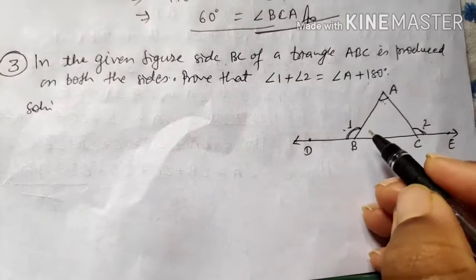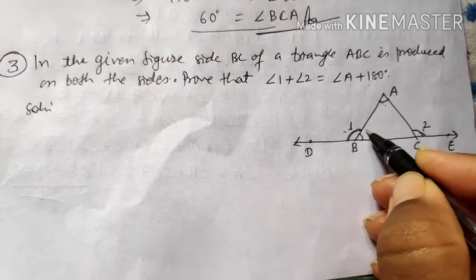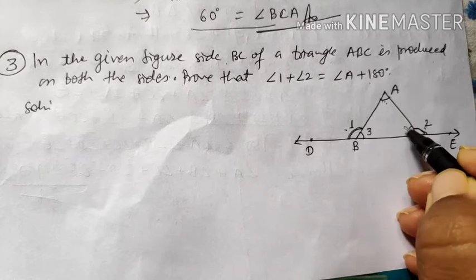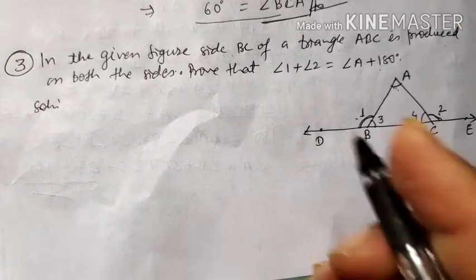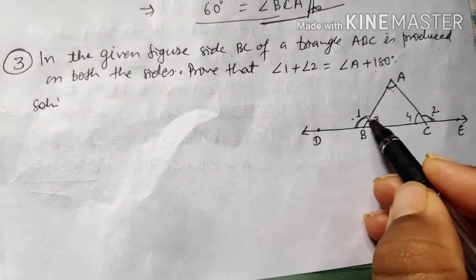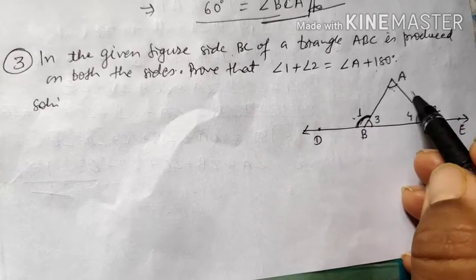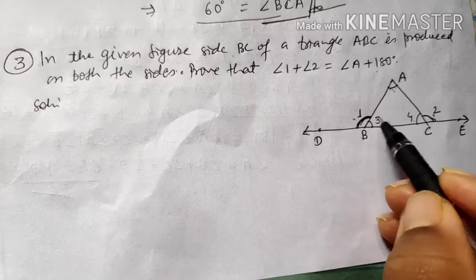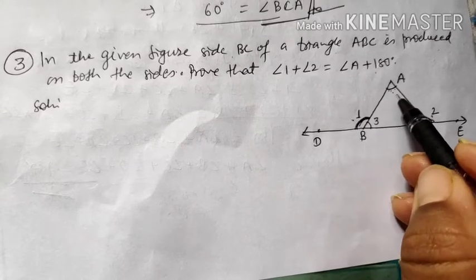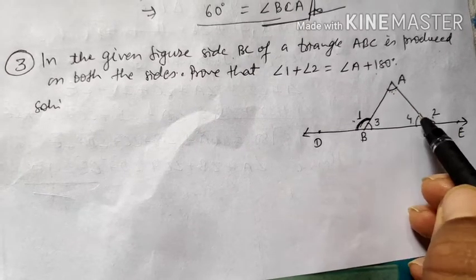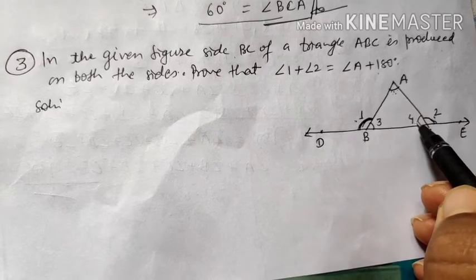So first we denote this angle as angle 3 and this angle as angle 4. Now we know that here 1 is the exterior angle. So angle 1 must be equal to angle A plus angle 4, as angle 1 is the exterior angle and its interior opposite angles are angle A and angle 4.